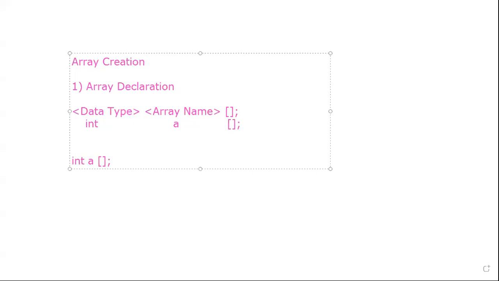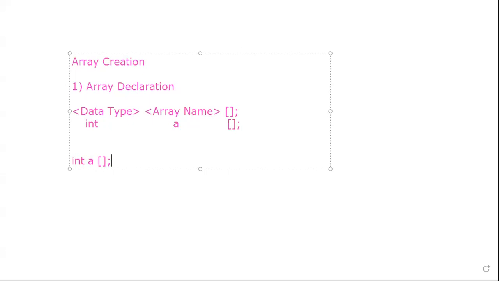This is the line of code for the array declaration process. As I told you, these three things should be there: data type, array name, and the space where we allocate the number, or size. Into it, you put the number of elements that should be there in the array.